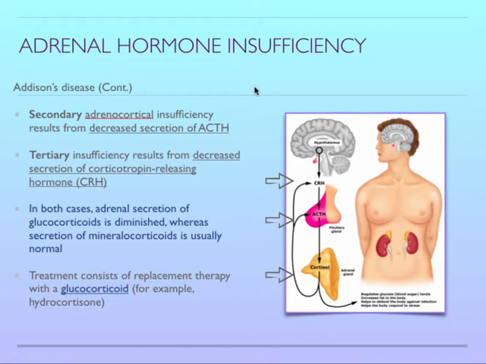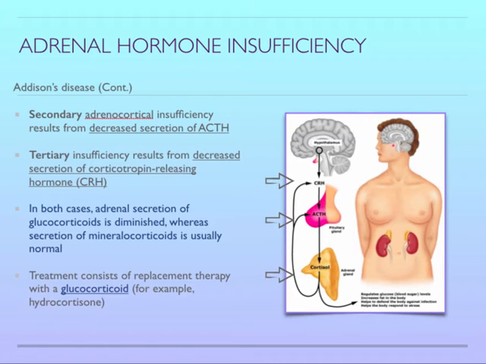Just like any other thing, like if you were looking at the thyroid, it can originate from up in the brain at the hypothalamus or the pituitary, or it can originate within the adrenal gland or the thyroid. It's the same process; this can happen within the central or peripheral areas. In either case, the adrenal secretion of glucocorticoids is diminished.